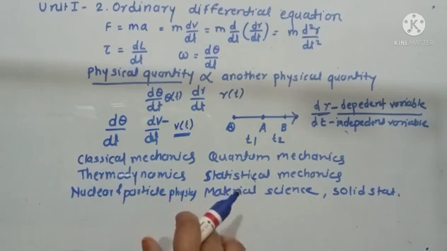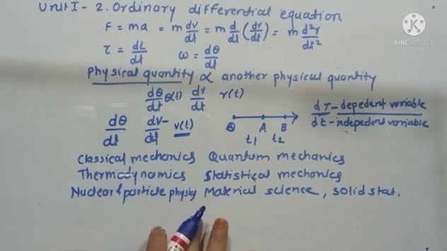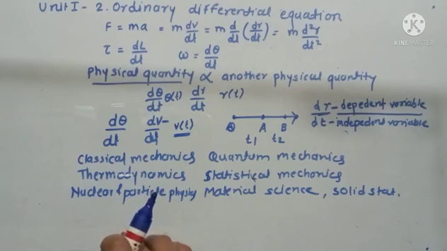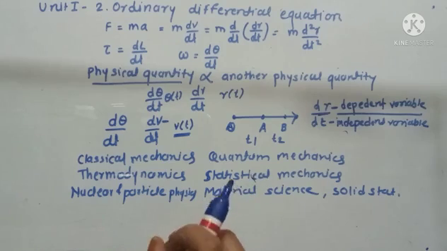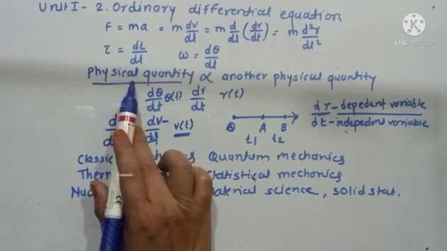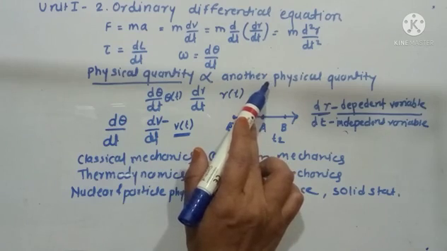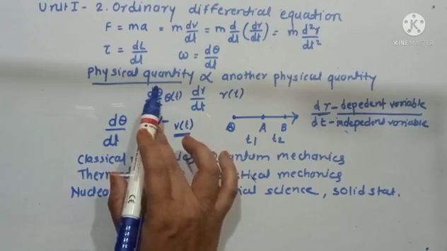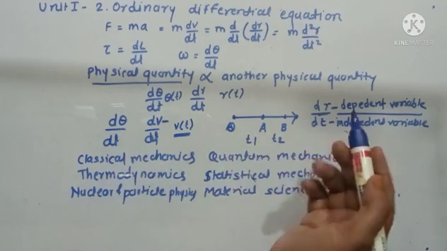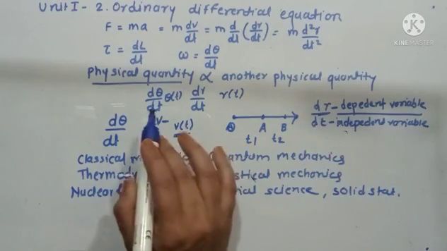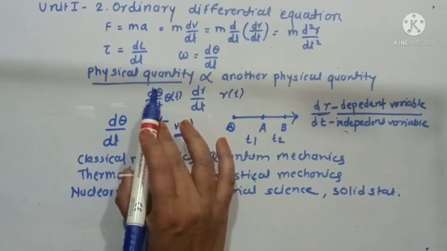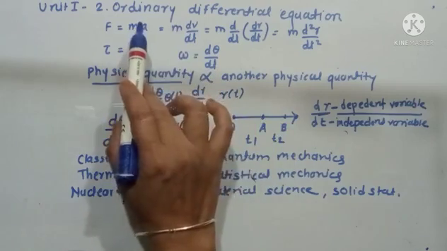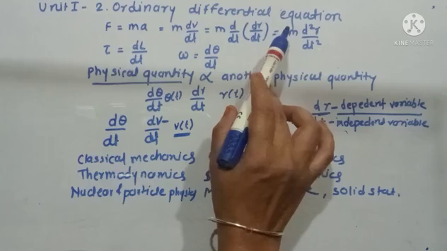All these are the branches of physics, and all these branches require ordinary differential equations to state any equation or to state the dependence of one physical quantity on another physical quantity. In physics, we calculate many physical quantities, and these physical quantities are dependent on other physical quantities, and the relation between the dependent variable and the independent variable is denoted by these ordinary differential equations.